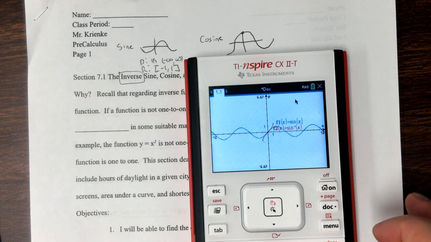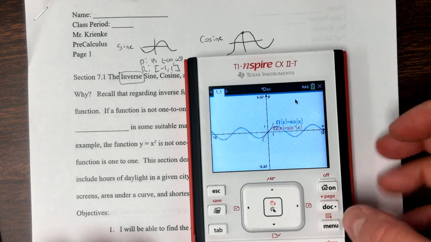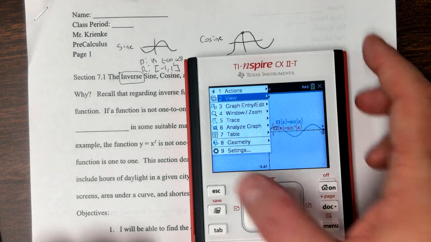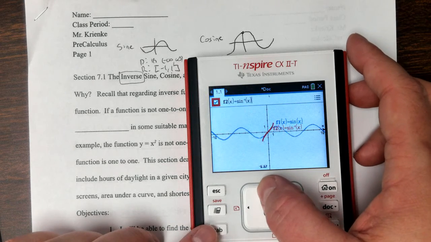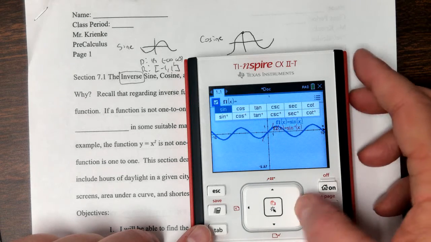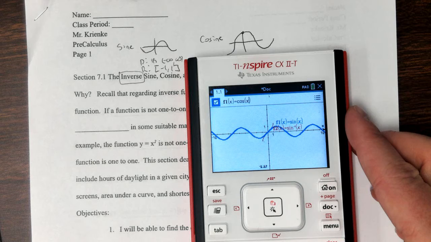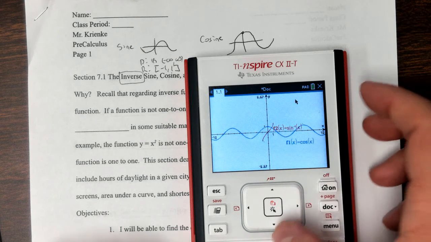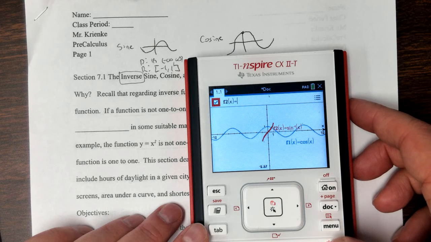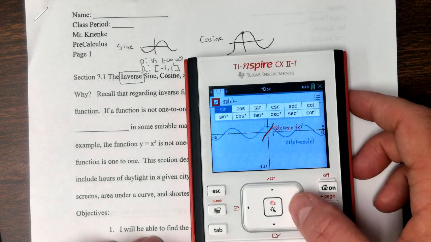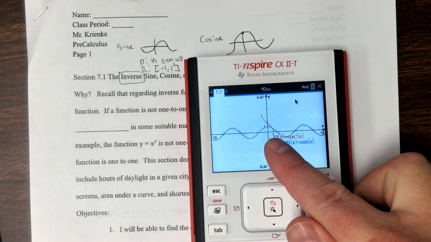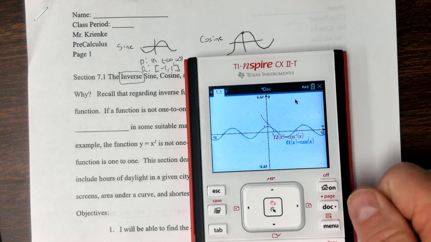And then there's a shorter one for the cosine also. So the regular cosine graph, trig cosine x, looks like that, and the inverse cosine of x looks like that. So it's slanting down that way.